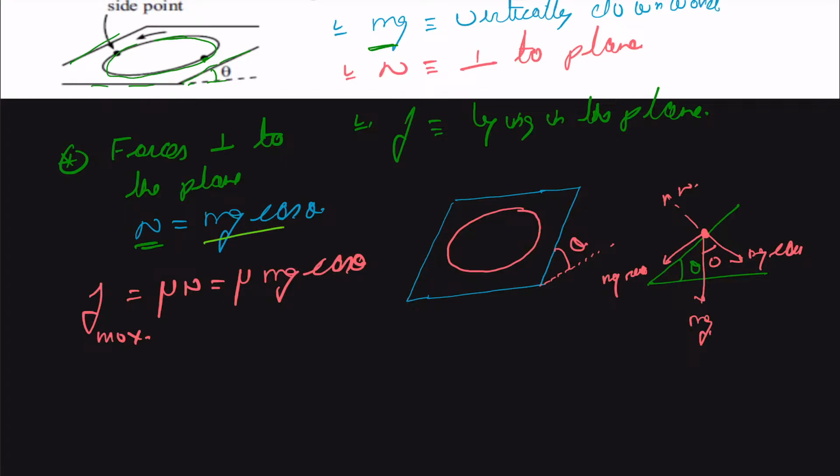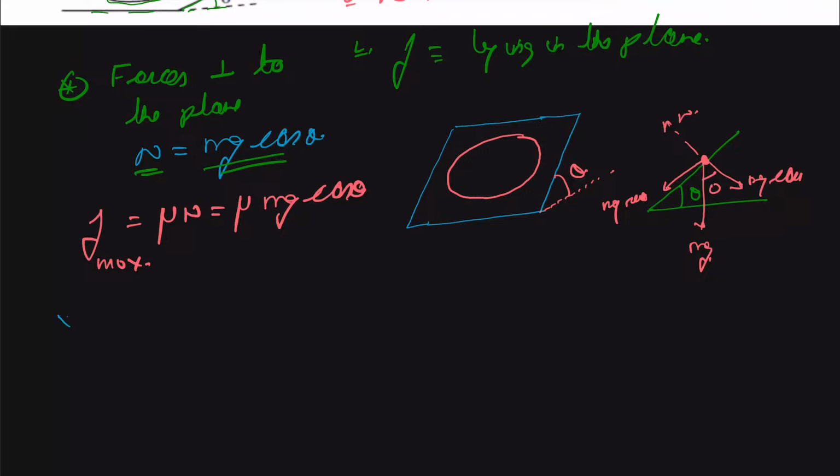Normal as well as mg cos of theta are perpendicular to the plane. And next is our forces parallel to the plane. Forces parallel to the plane. And one of the forces is down the plane, that is our mg sine of theta.